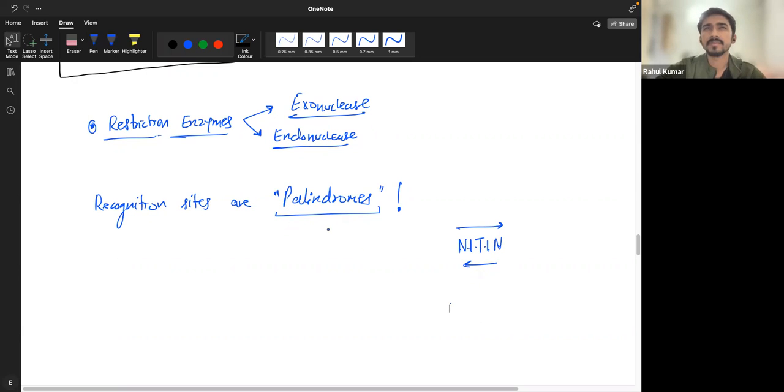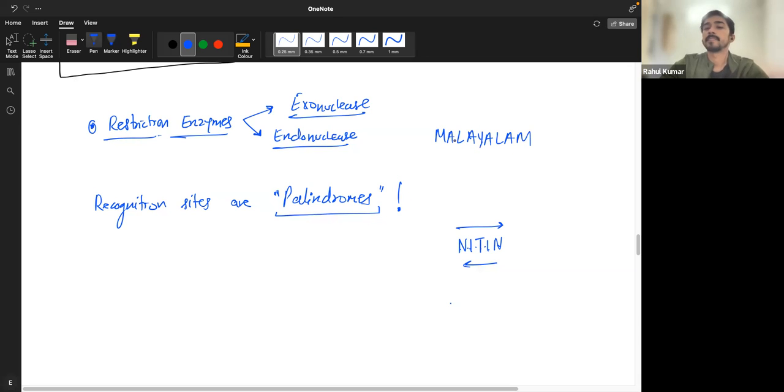Another example is, I think the word Malayalam is also a palindrome, right? I remember studying it in NCERT. I don't know if it's there or not. Let's write it. Malayalam.